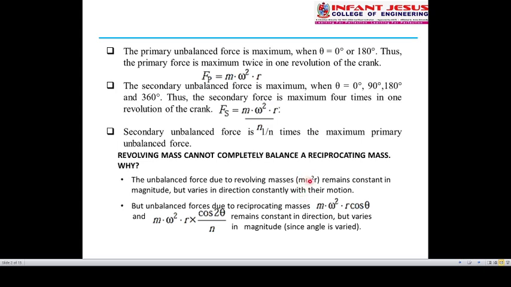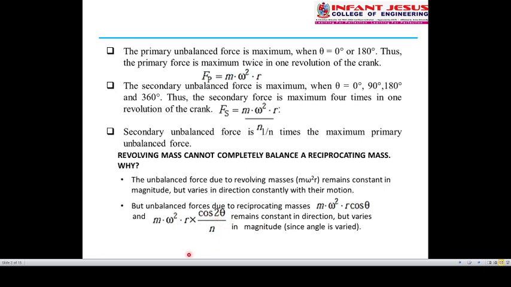But for a reciprocating mass, the unbalanced forces are m omega square r cos theta and m omega square r cos 2 theta by n, the primary and secondary unbalanced forces. Both forces remain constant in direction, because reciprocation takes place only in a certain direction, but they vary in magnitude because the angle varies.